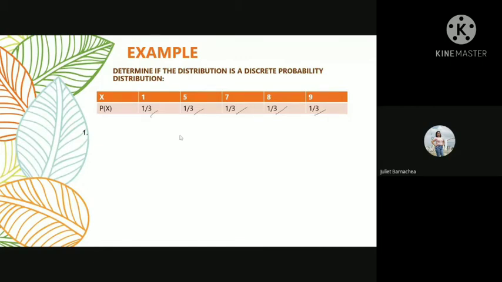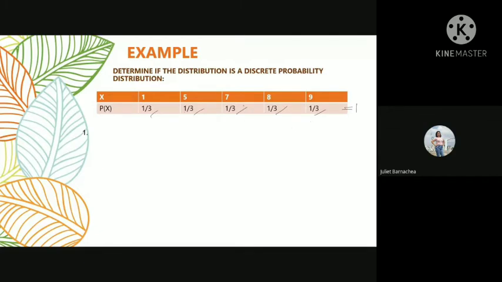Second condition, dapat ang sum of 1/3 plus 1/3 plus 1/3 plus 1/3 plus 1/3 is equal to 1. Is this equal to 1? No daw. Okay, second, si Robin is no. Correct.